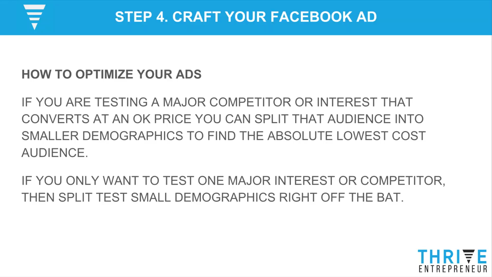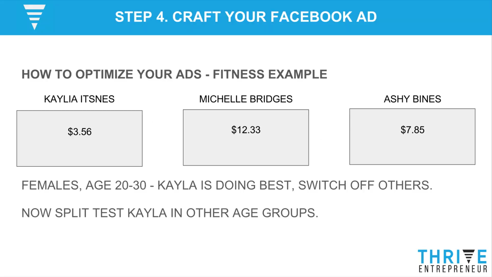One's a younger 18 to 25, and another campaign's running 25 to 35, and they're both targeting Kayla, with the same ad and copy. We just want to see which is going to perform the best. So that's a great way to get the absolute lowest cost for your audience. If you really want to go to that effort and do a couple of little splits, it's pretty quick with ad duplication in the Power Editor.